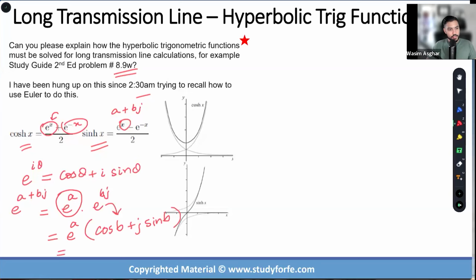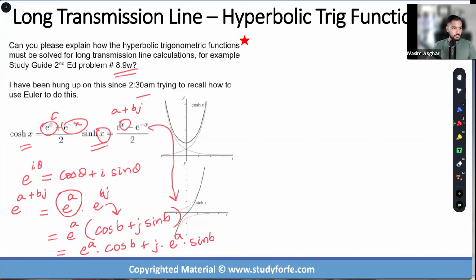Then it simply becomes e to the power a, which is a constant, remember that, multiplied by cosine of b, plus j times e to the power a times sine b. You do not need to memorize any calculator trick or functionality to go from here to here. Regardless of whether they throw at you a real number or a complex number as the argument of this function, you can very easily deal with it.